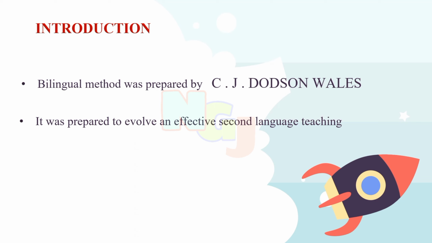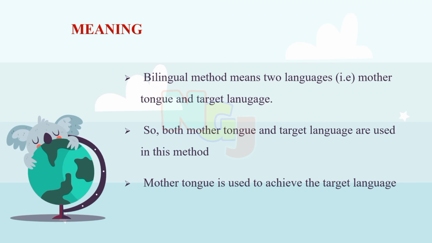So, C.J. Dodson proposed this method, that is bilingual method, to bring about an effective English language teaching. Bilingual means two languages, that is mother tongue and target language. Here target language is the English language. So both mother tongue and English language are used in this method. Mother tongue is used to achieve the English language.